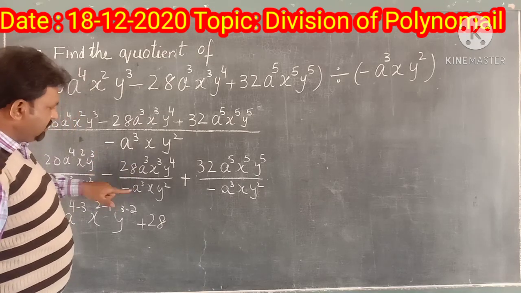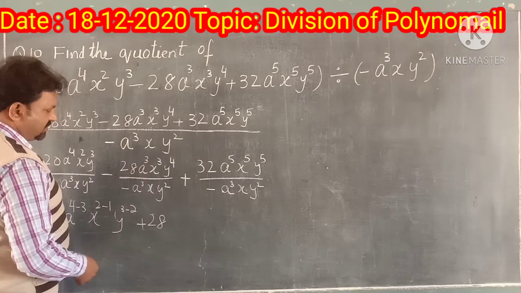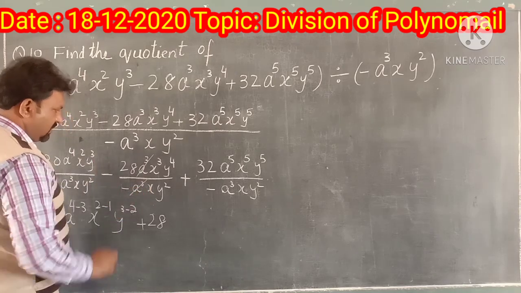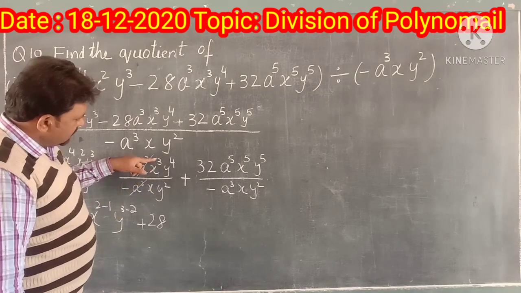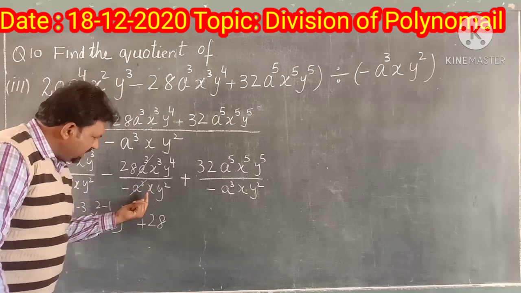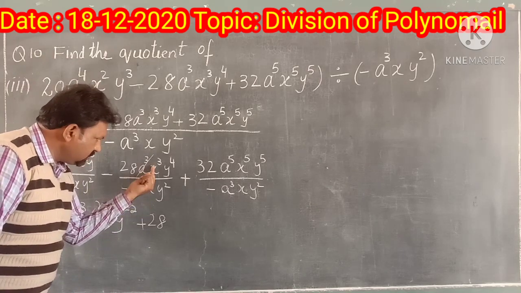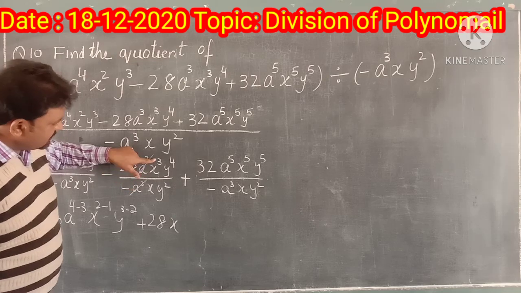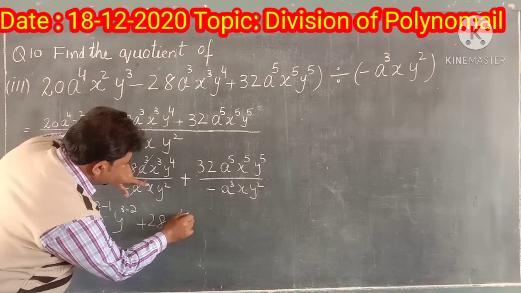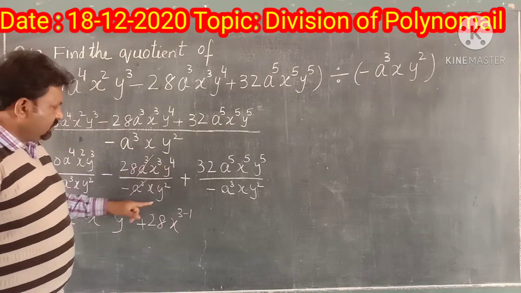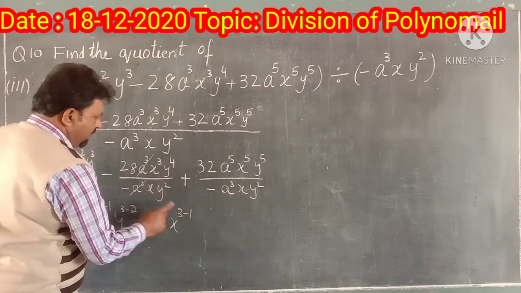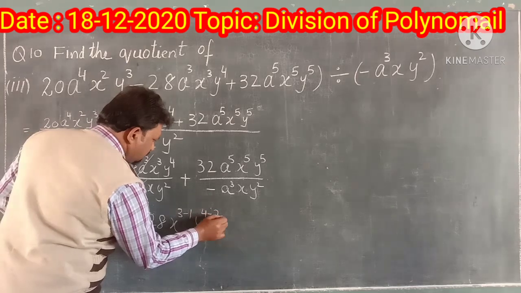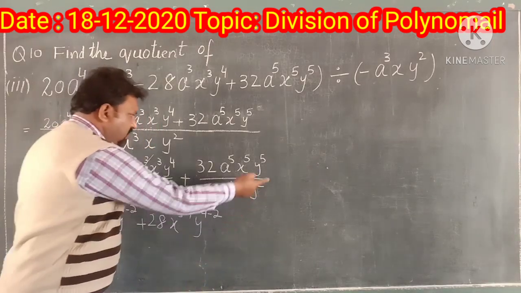If the base is the same, we subtract the powers, so a power 3 cancels. Next, x power 3, x power 1, so x power 3 minus 1. Then y power 4, y power 2, we can write 4 minus 2.